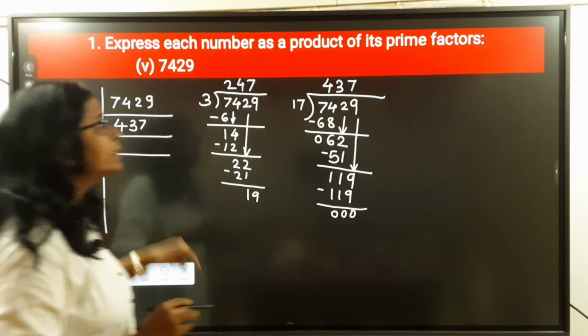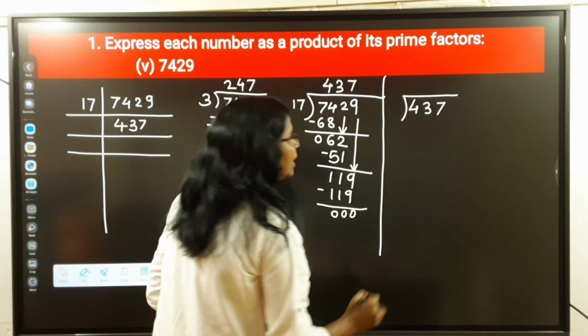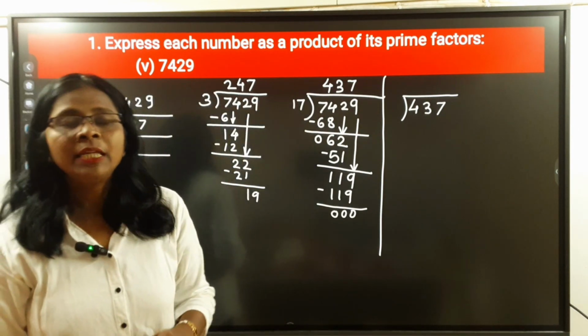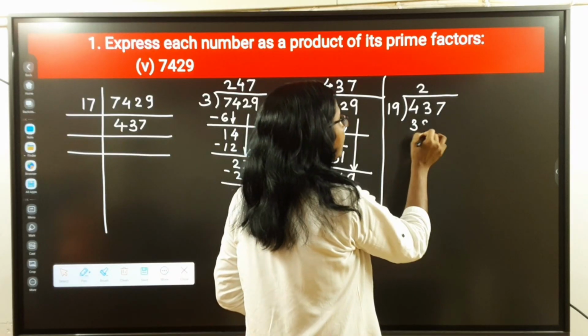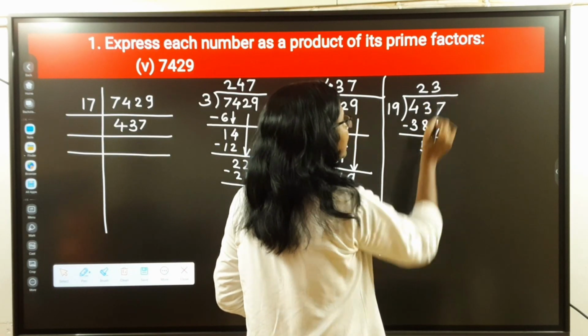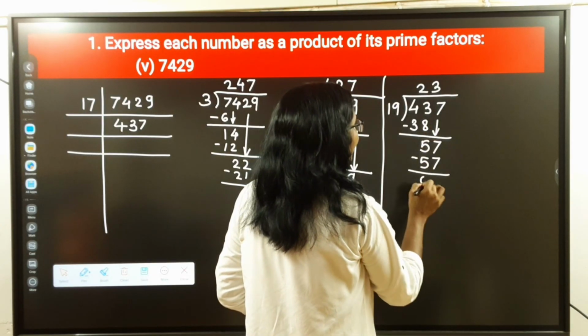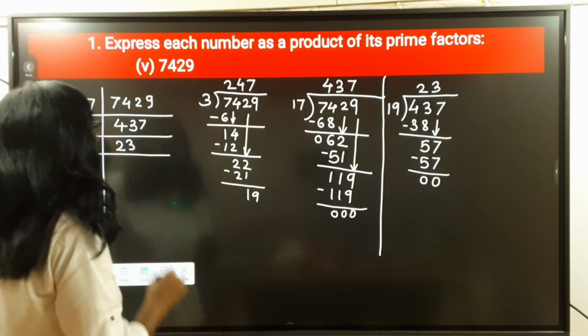So now here 437. Is it divisible by 17? No, students. This number cannot be divisible by 17. It is directly divisible by 19. So 19 twos are 38. Then 57, so 19 threes are 57. So here we write 23 and here 19.